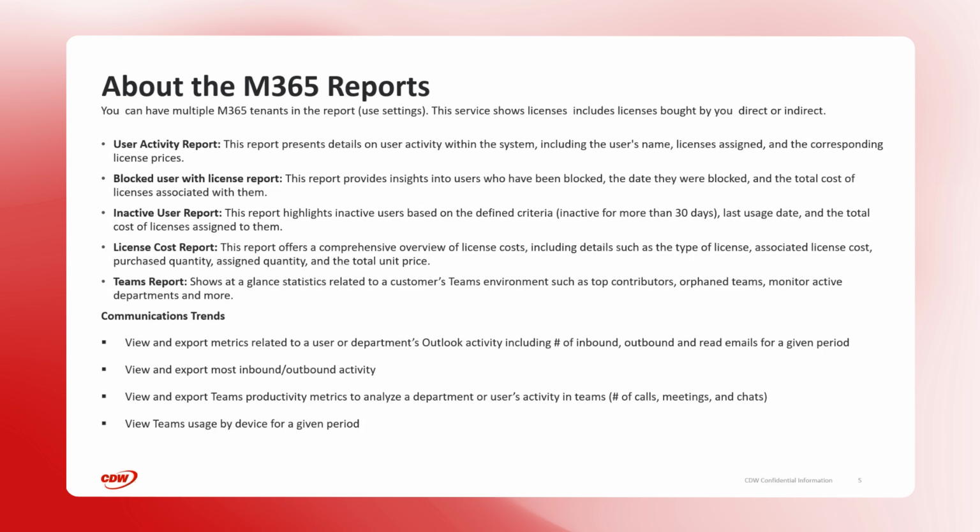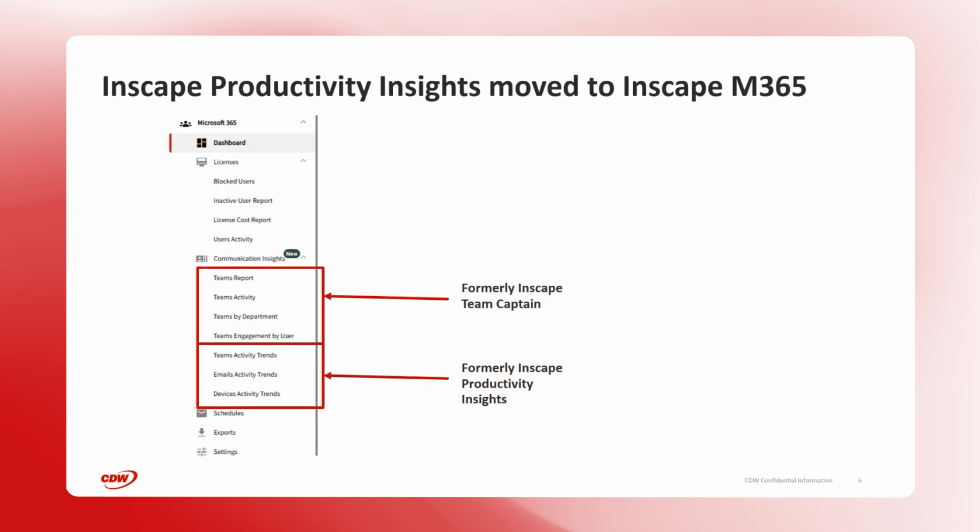So we have a user activity report, blocked users, inactive users, all of your license cost information, and then the different communications metrics information in here as well, which previously was Productivity Insights.